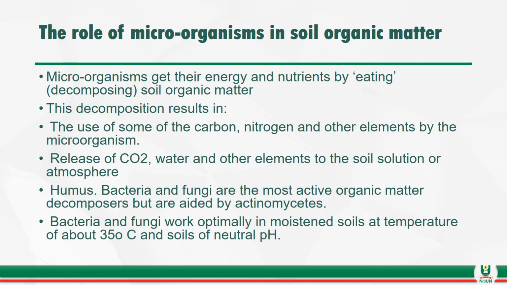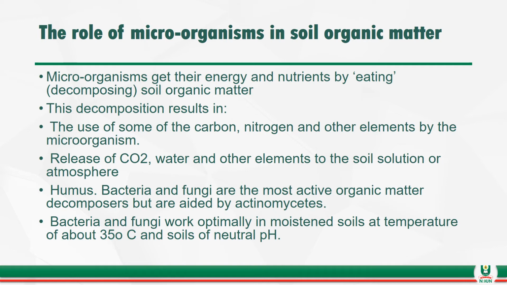Toxic levels of some substances can be released early in the organic matter decomposition, and this may affect crop growth. The role of microorganisms in soil organic matter. Microorganisms get their energy and nutrients by eating, that is, decomposing soil organic matter. This decomposition results in the use of some of the carbon, nitrogen, and other elements by the microorganism, and the release of carbon dioxide, water, and other elements to the soil solution and the atmosphere.